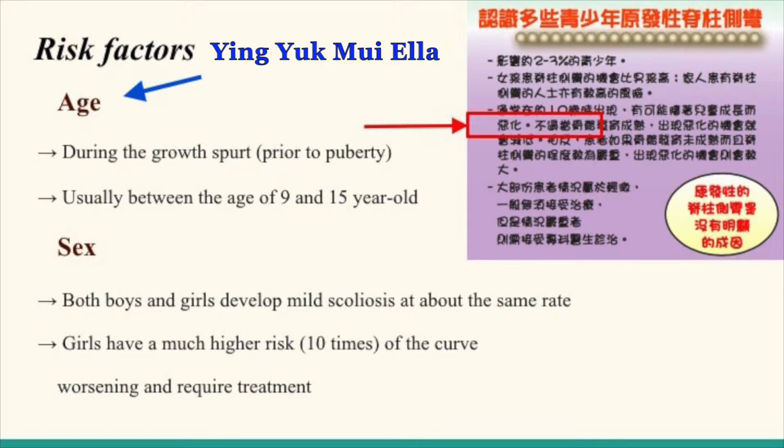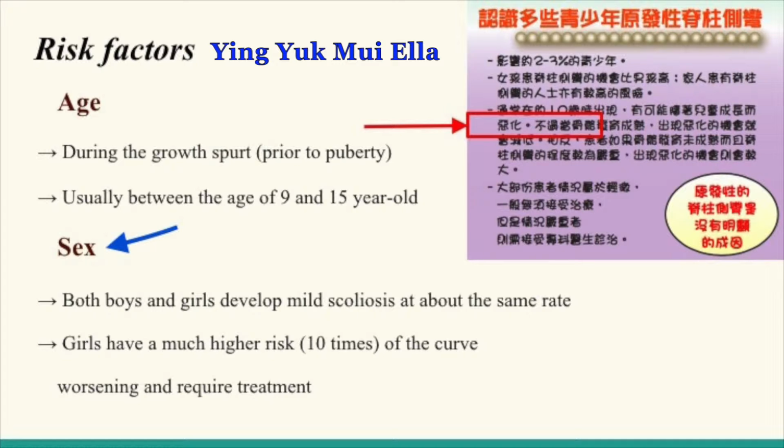Here come the risk factors. First of all, age: signs and symptoms typically begin during the growth spurt, just prior to puberty, and usually between the ages of 9 and 15. Secondly is sex. Both boys and girls develop mild scoliosis at about the same rate.